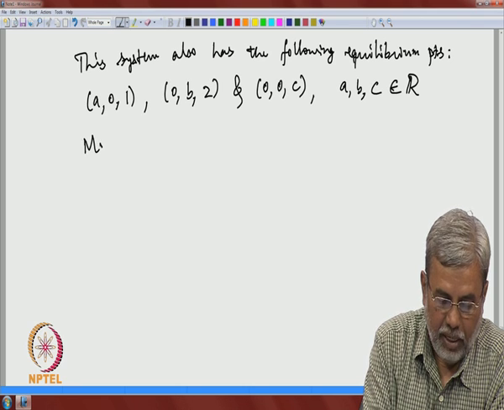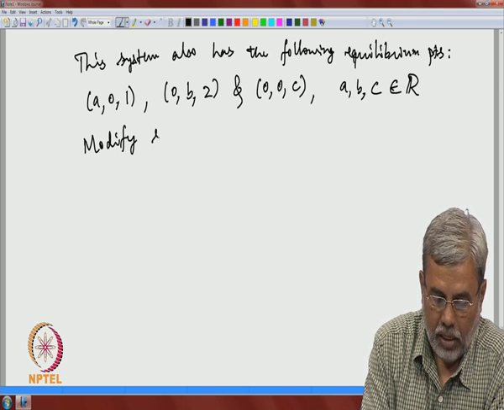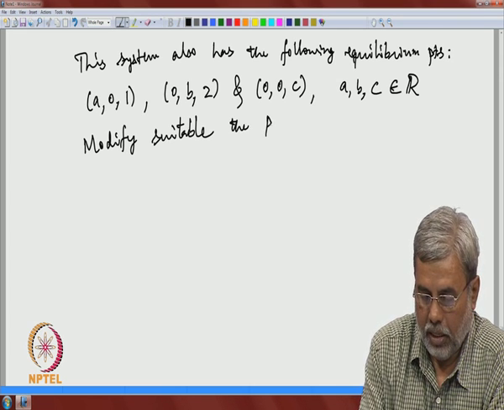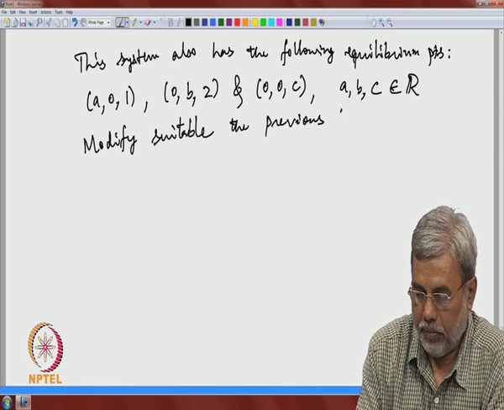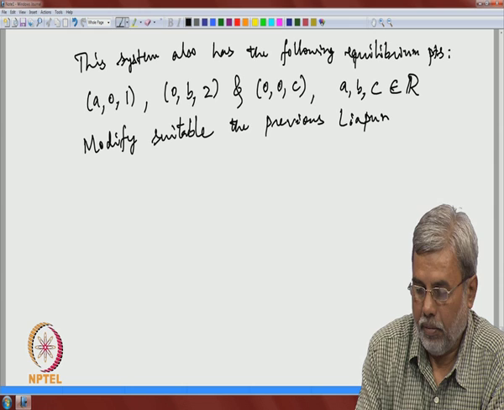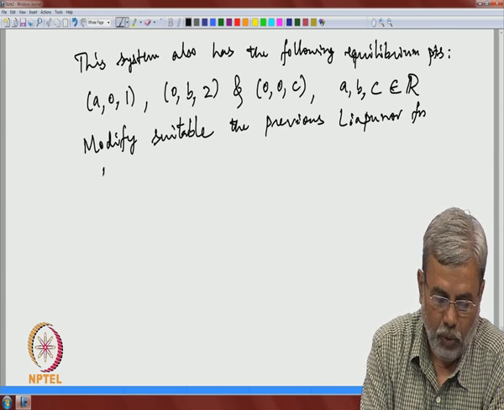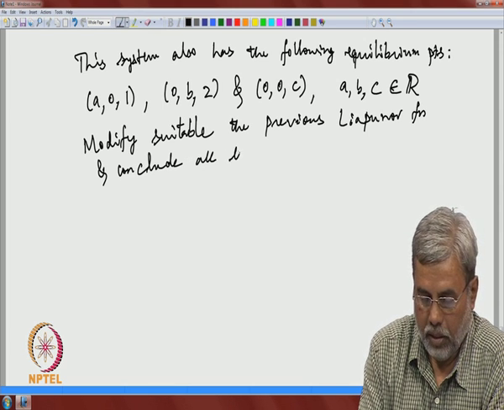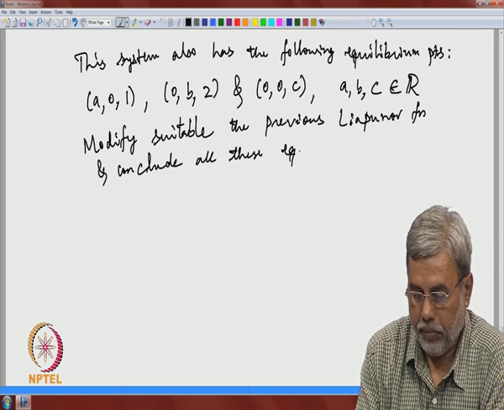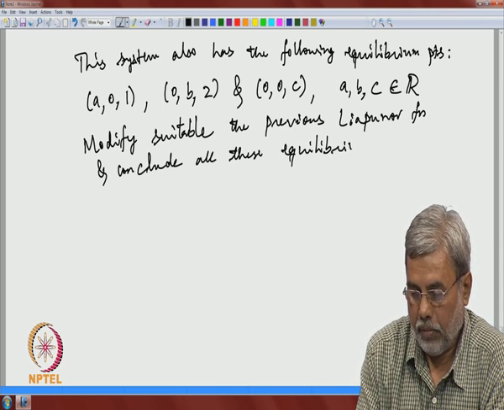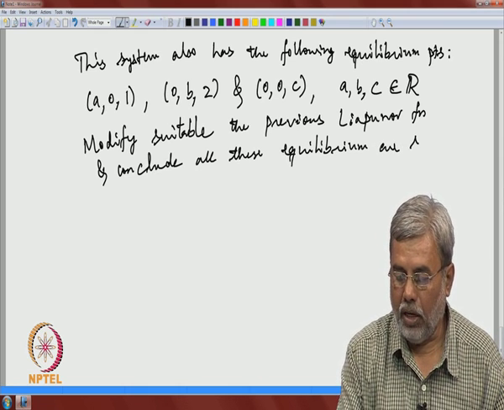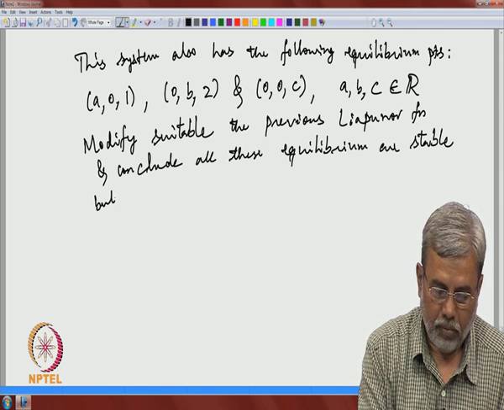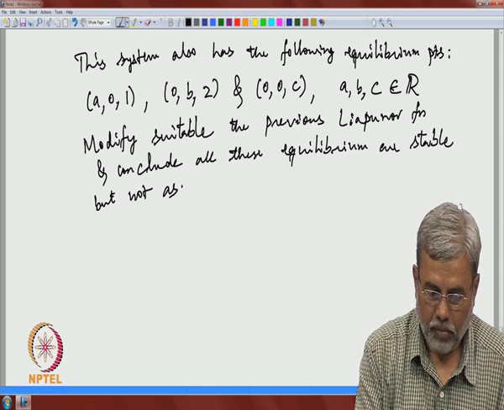So, modify suitably the previous Lyapunov function and conclude all these equilibrium points are stable but not asymptotically stable. Okay.